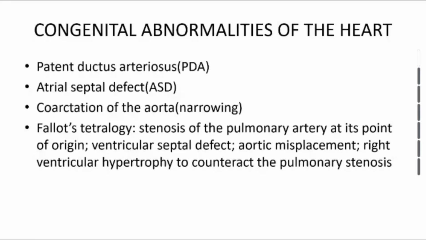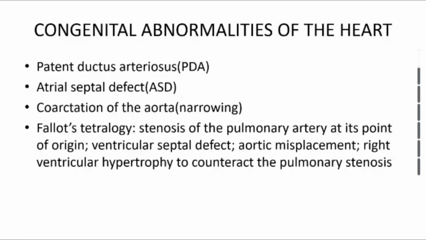This opening, the ductus arteriosus, is usually supposed to close. But if it fails to close, then we have what we call patent ductus arteriosus. And then there is a septal defect, which usually should close just before birth or immediately after birth. If it doesn't close, you end up with what we call atrial septal defect.